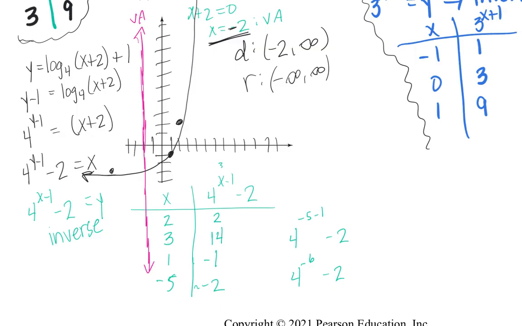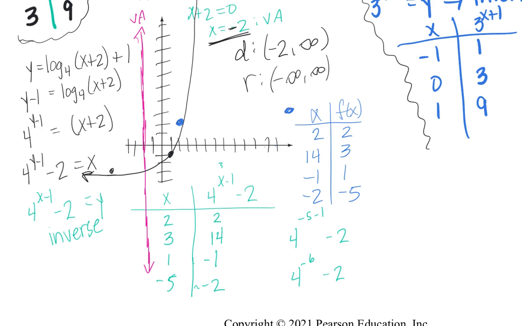All right, so flip the script here. Now your x's and your y's are going to change places. So you have (2, 2), (14, 3), (negative 1, 1), and (negative 2, negative 5). So (2, 2) is still a point. (14, 3) is up here.